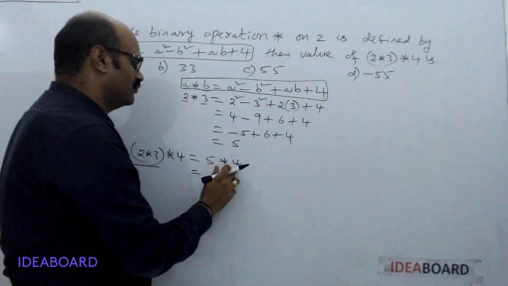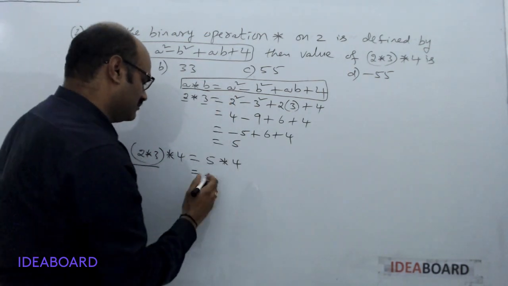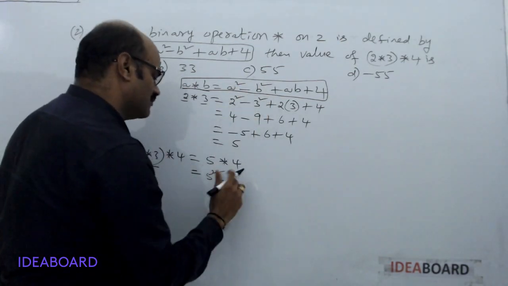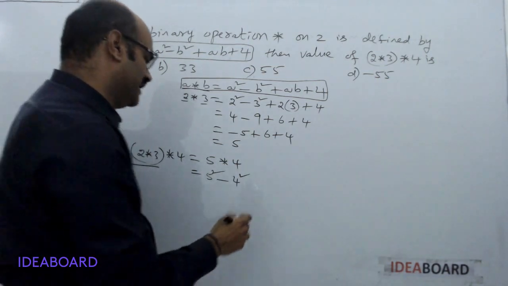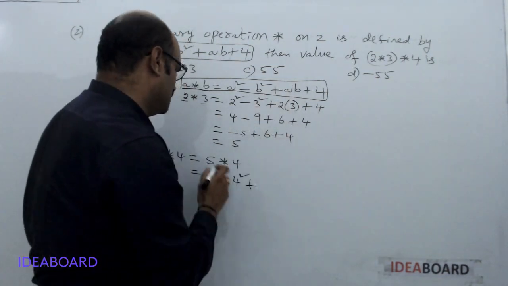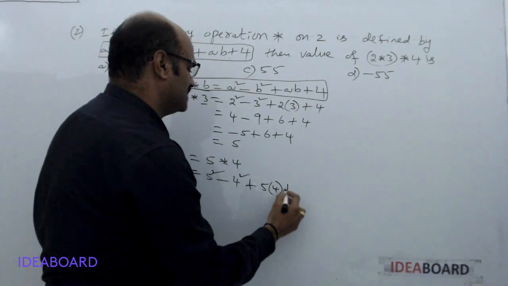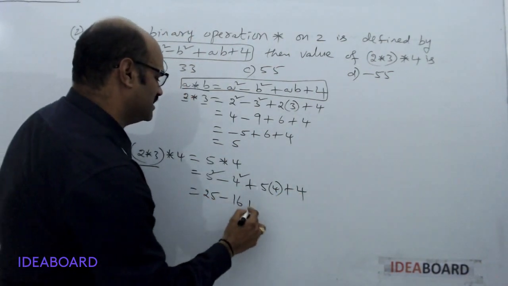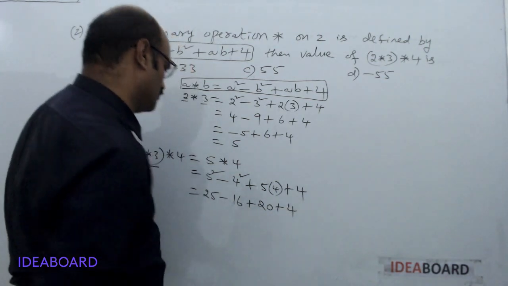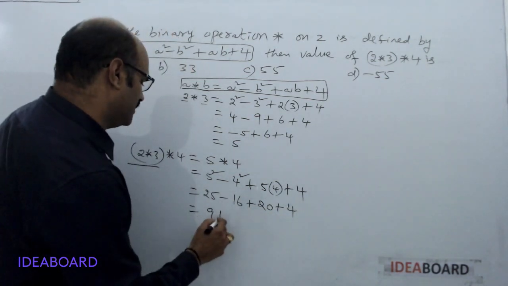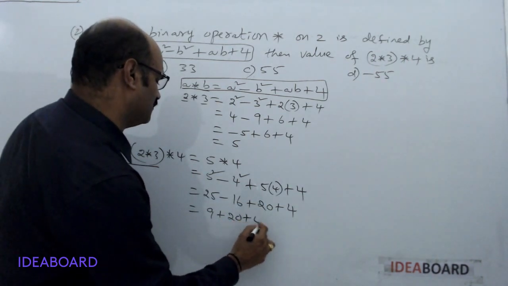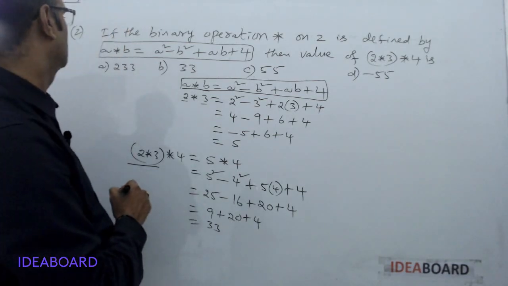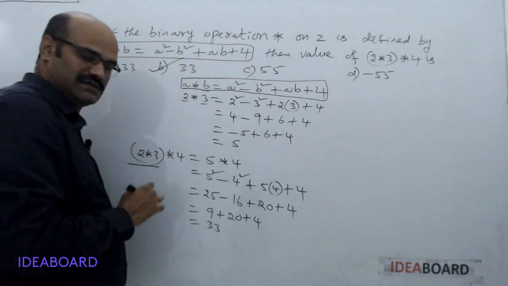So 5 star 4 equal to 5 square minus 4 square plus 5 into 4 plus 4 equal to 25 minus 16 plus 20 plus 4, 9 plus 20 plus 4. 33 is the answer. So here option B is the correct answer.